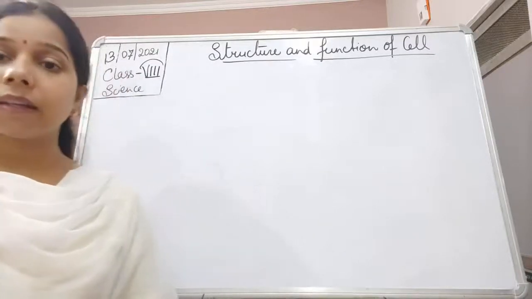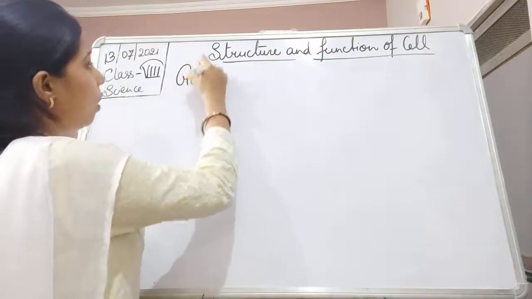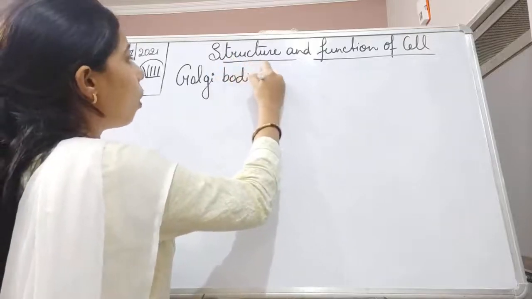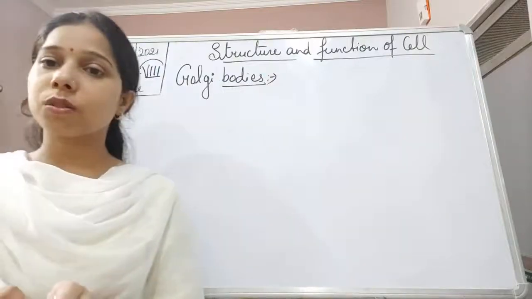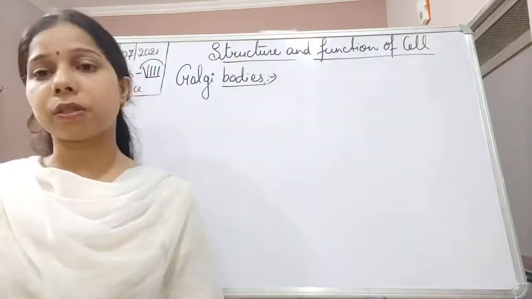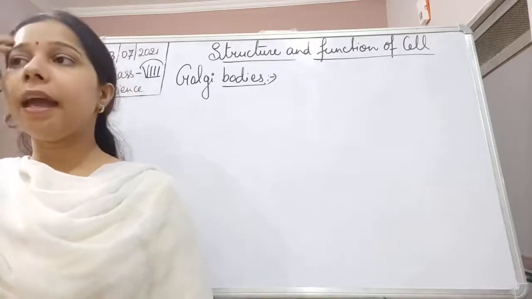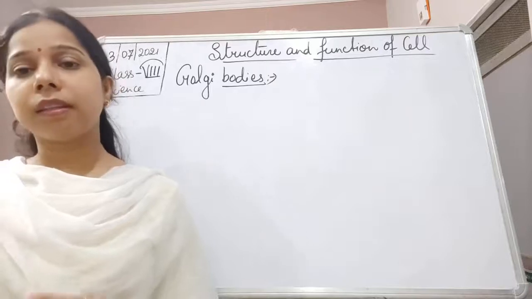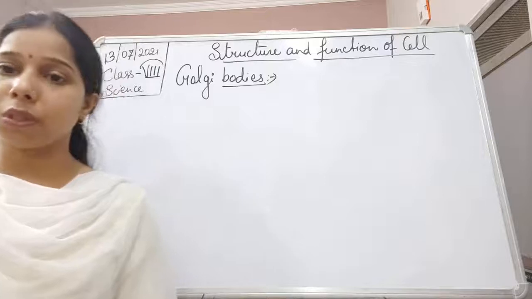Then we move on to the other cell organelle, which is called Golgi bodies or Golgi apparatus. The role of the Golgi body is that it helps in receiving and carrying the things which are made by the nucleus of the cell. It is really near to the nucleus.